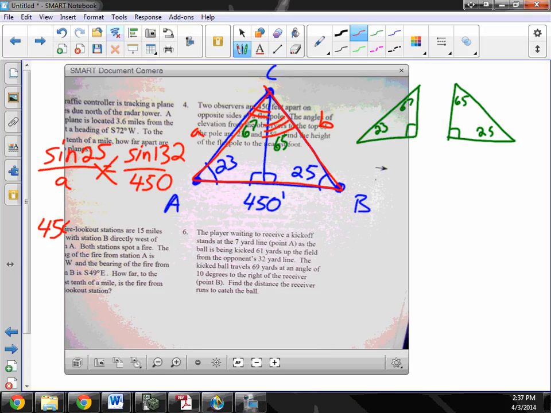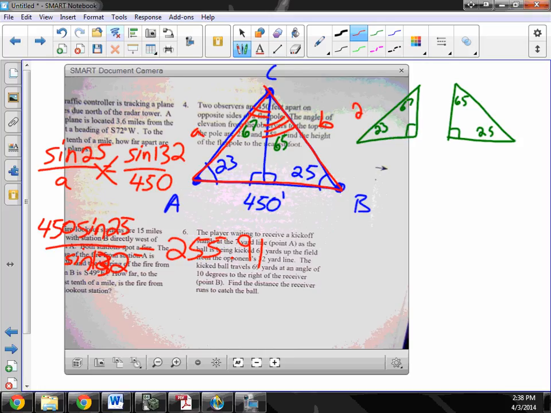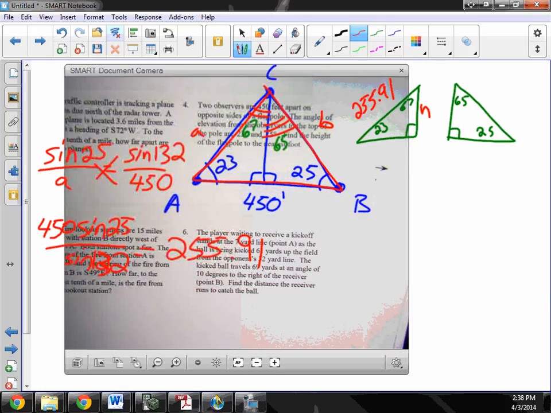So a equals 450 sine of 25 over the sine of 132. So we can type that in. 255.91. So that's up here, 255.91. And now I can find h using the law of sines, right?